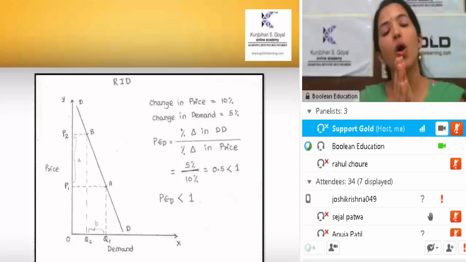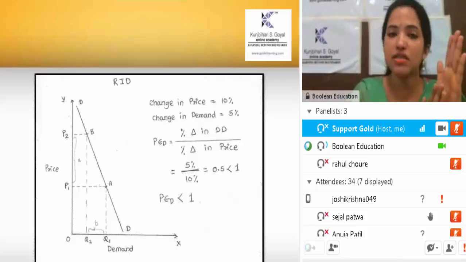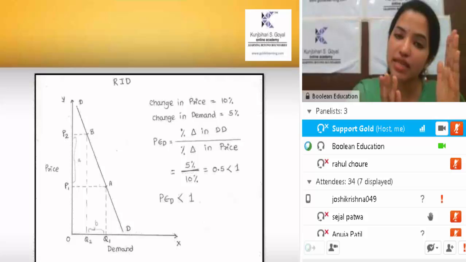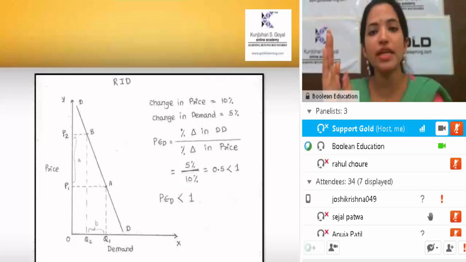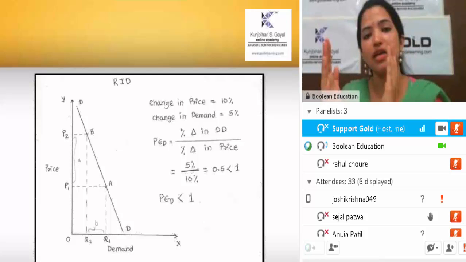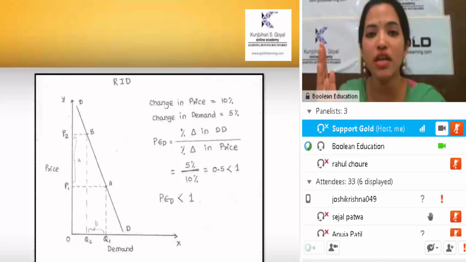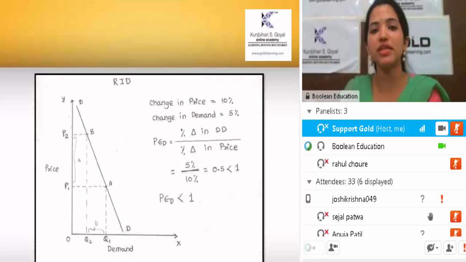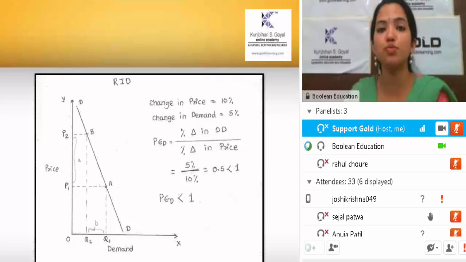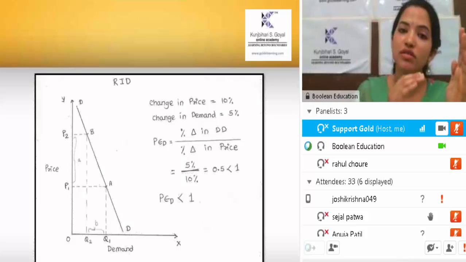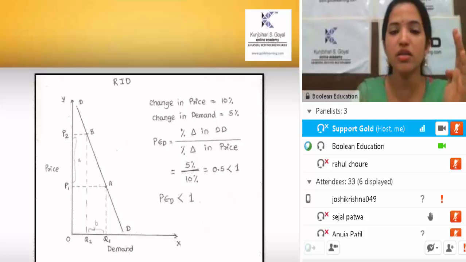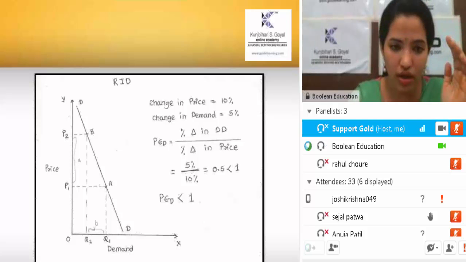Perfectly elastic के पास जो है, we call that elastic demand और relatively elastic demand. Perfectly inelastic के पास जो है, we call that relatively inelastic demand. Relatively inelastic means this demand is less elastic, demand is responding less. And relatively elastic means this is more elastic, demand is responding more. Correct? These are 5 types.